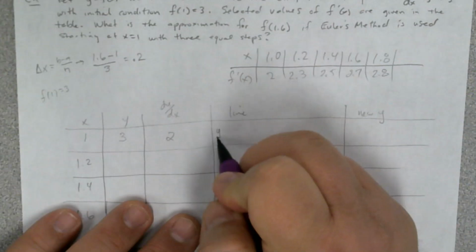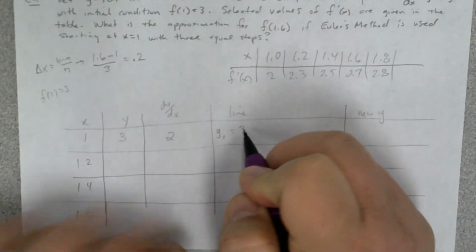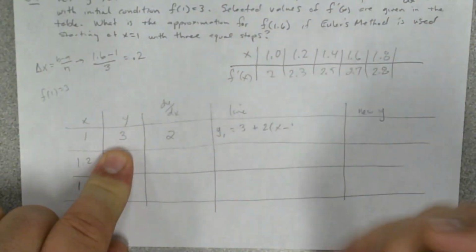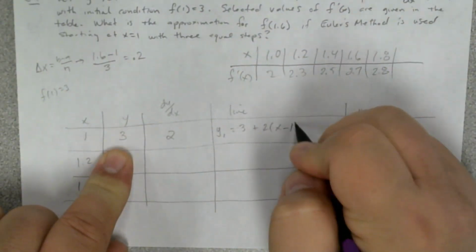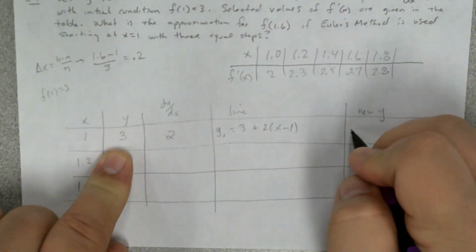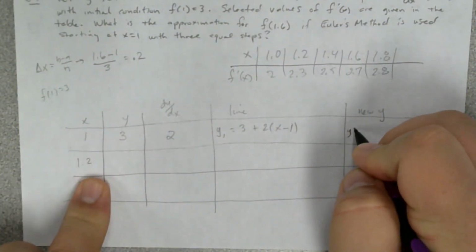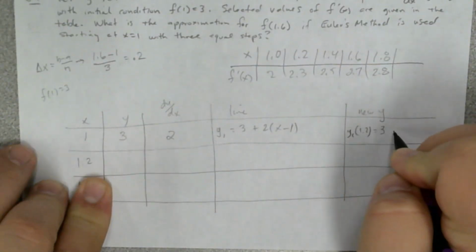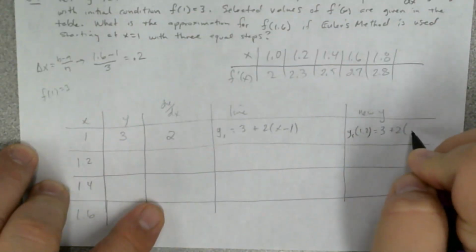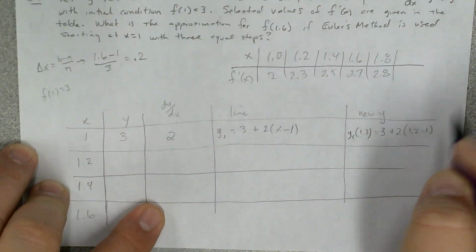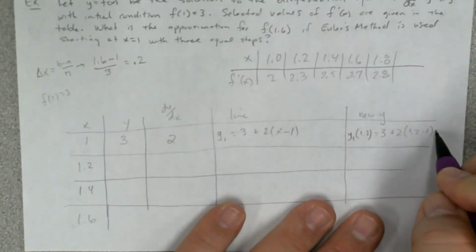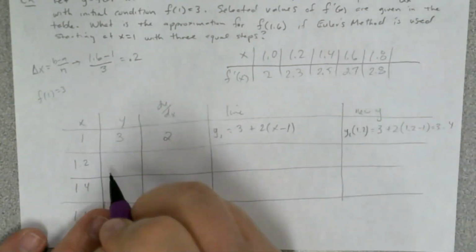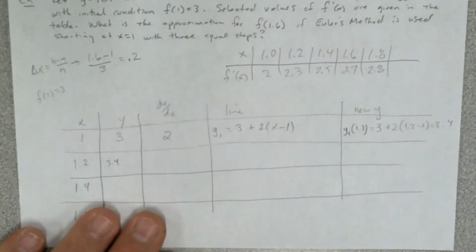So our y1 is going to be 3 plus the slope times x minus 1. And then we're going to plug in the next x value, and we get our next y value. And when you plug this all in here, you're going to get 3.4. And then we do it again.